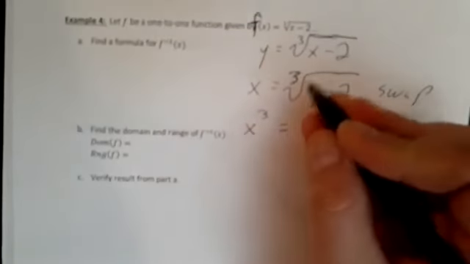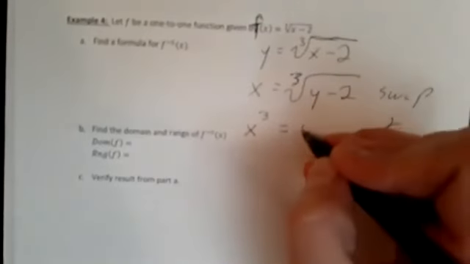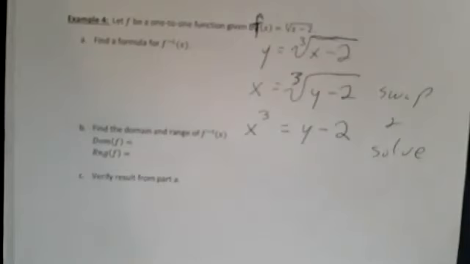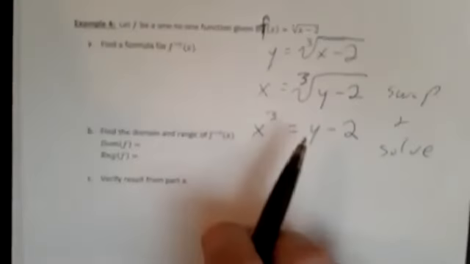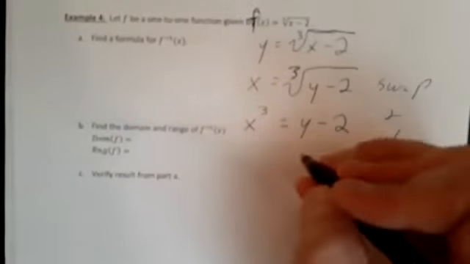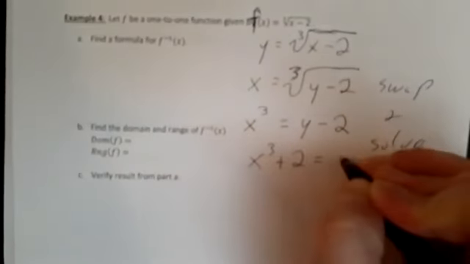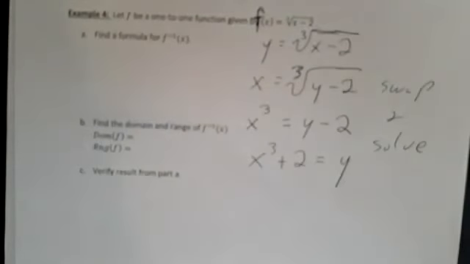This side is going to be a cube root of a cube, which should be y minus 2. And then the last thing we need to do to solve for this y is add the 2 over.